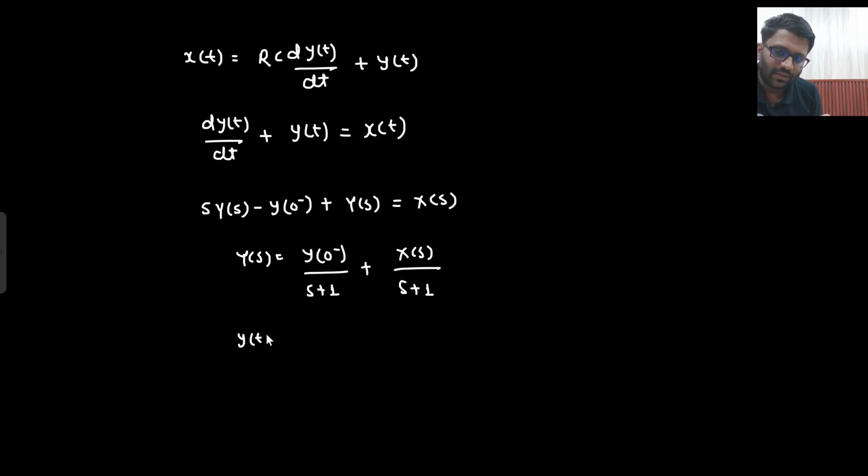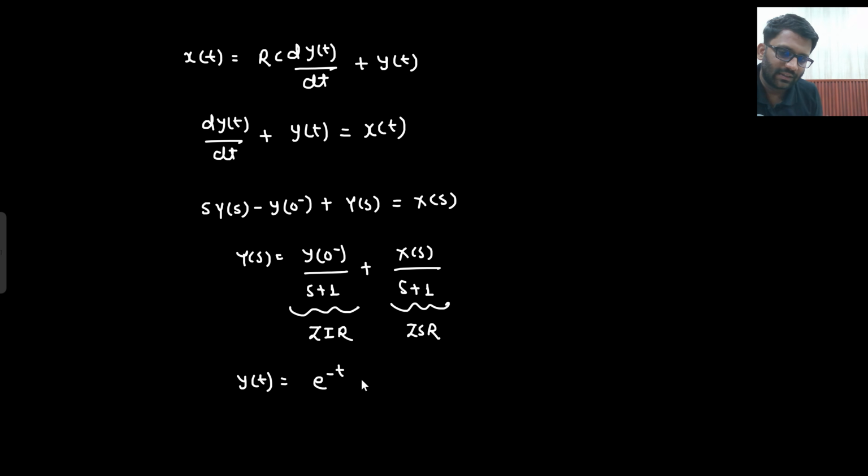So your YT would be, what is this? This is your zero input response. Even when the input was not there, still this was the output, and this is known as your zero state response. And I told you, if I write down YT, how will I write it down?